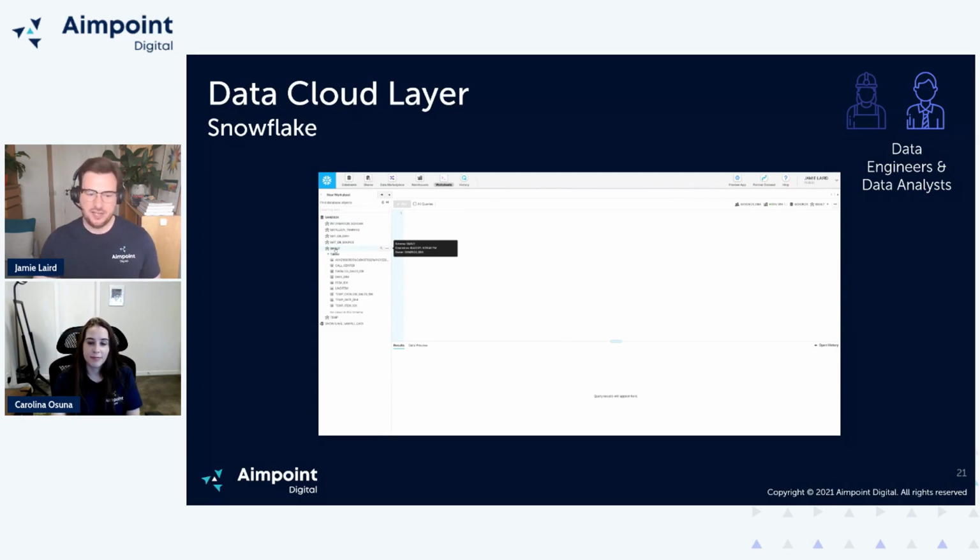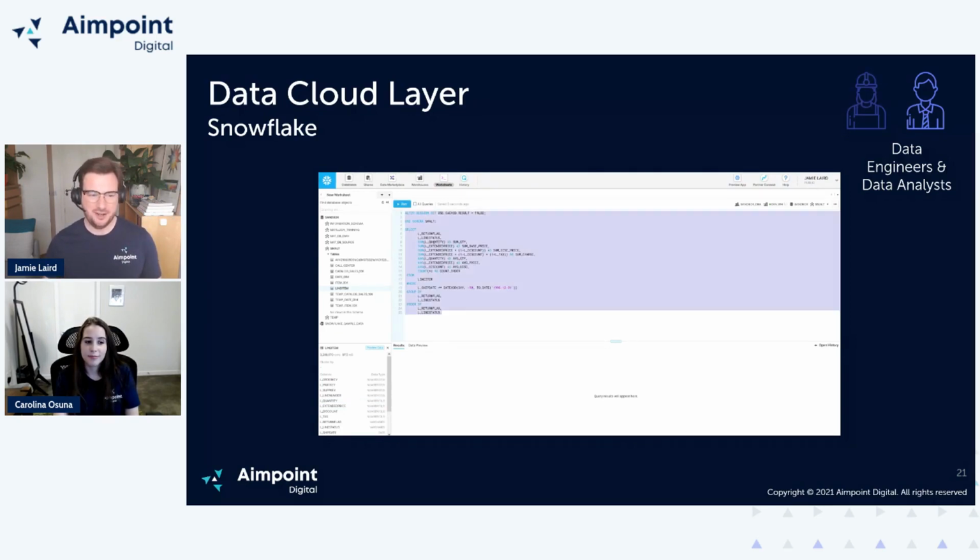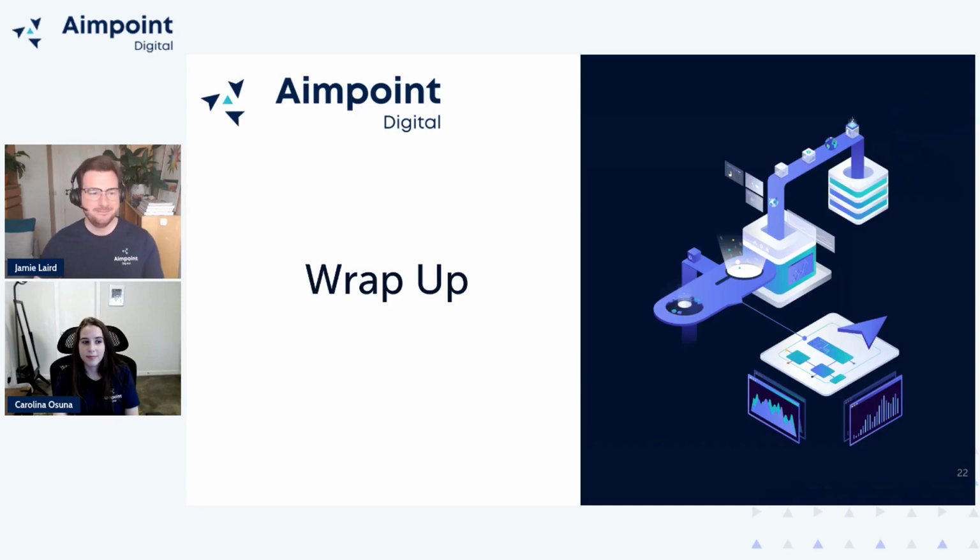Snowflake also integrates pretty seamlessly with Alteryx, with Tableau, and indeed with Matillion. So, all of these different parts of the stack, I hope you can see, address different parts of the data mesh principles. And with that being said, I'll hand back over to Carolina for the wrap up.